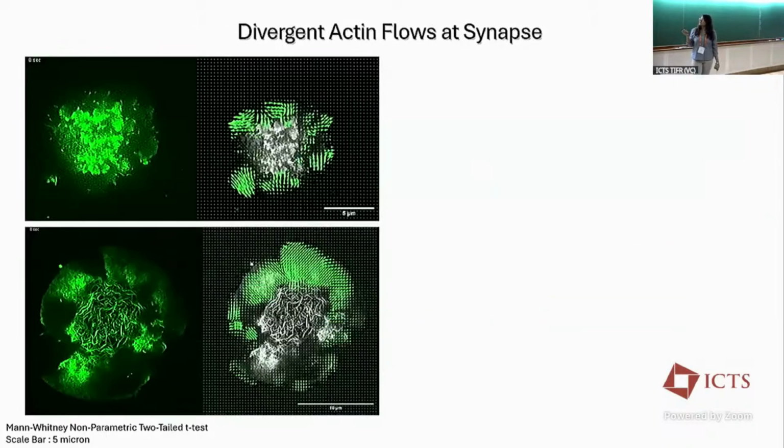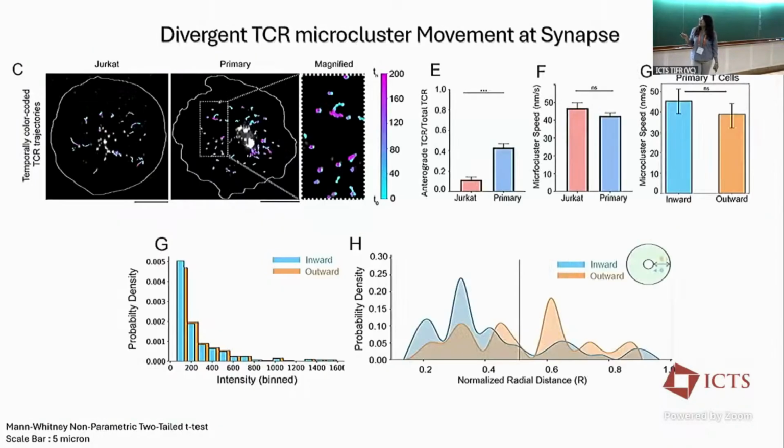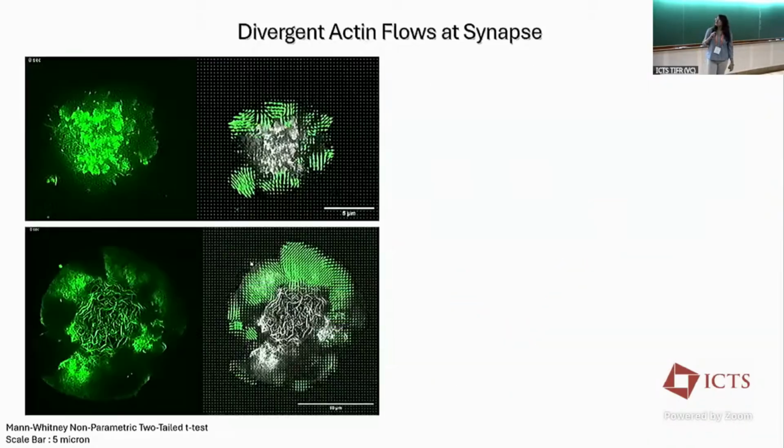And this fraction is apparently non-existent in Jurkats or at a very low ratio. And these anterograde microcluster speed is independent of the Jurkat speed or the speed of the inward moving microcluster, their intensities or their normalized radial position within the synaptic zone. So the question was, what might be driving these few fractions, 40% of these microclusters to the periphery?